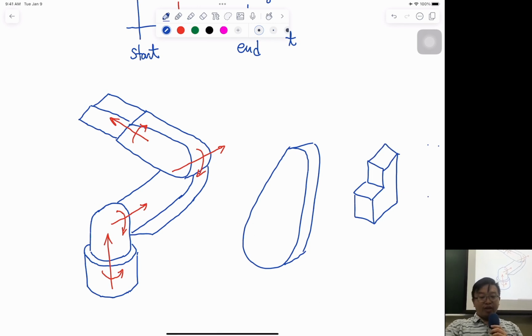Probably the closest point is this tip, and then if you compute precisely, there is a projection point here. So it's such a precise measurement if you are truly doing this.